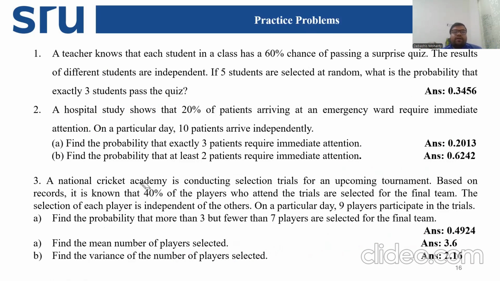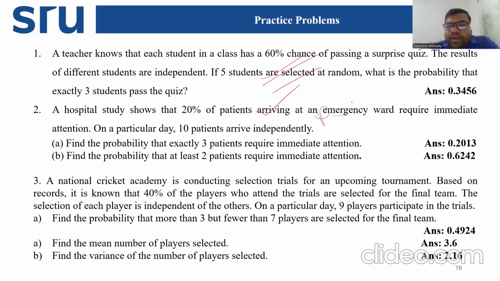A teacher knows that each student in the class has a 60% chance of passing the surprise test. The results of different students are independent. If five students are selected at random, what is the probability that exactly three students pass the quiz? It is very simple.